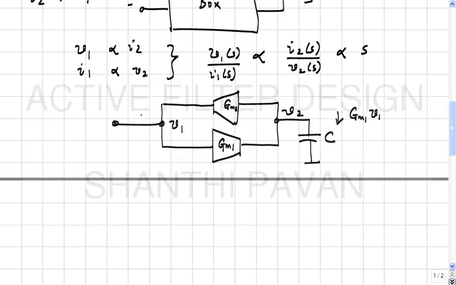So if this is V1 and this is I1, okay, what is I1? What is V2 first? V2 is nothing but, this current is GM1 times V1. What is the voltage? GM1 V1 by SC. Okay.